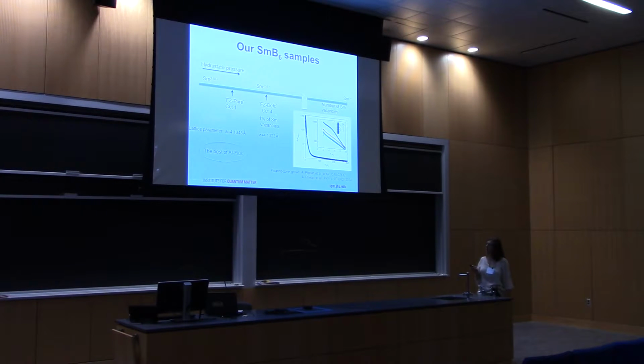One percent of samarium vacancies people can also distinguish by looking at X-ray, the size of the unit cell, which differs from pure in like the third number after the decimal point.